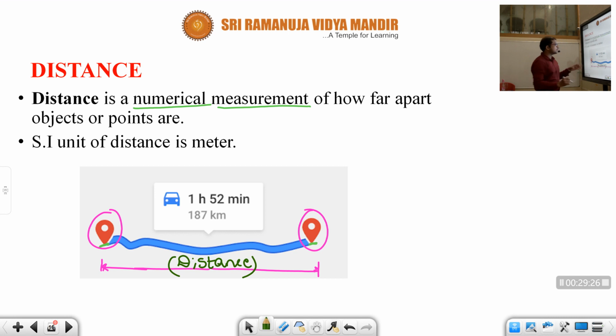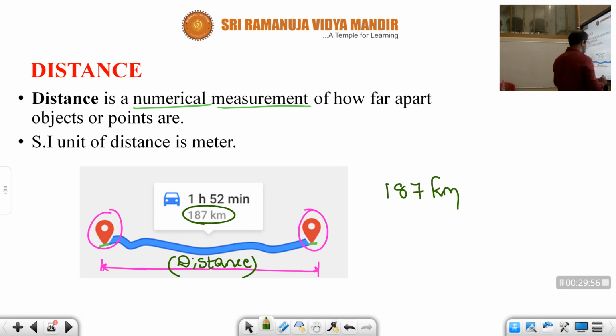Usually you can see in Google Maps, you can zoom the map and make any two fixed points, and between those two points you will easily get the reading of how much length is there. Here in the map, between two points we have got this value, 187 kilometers.